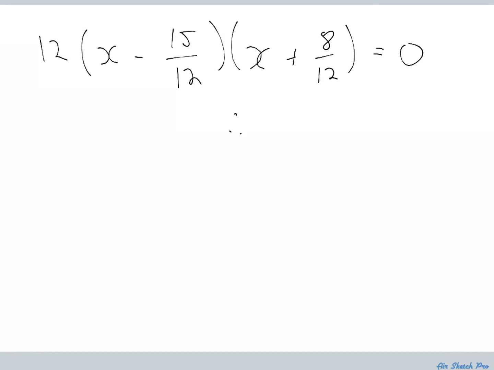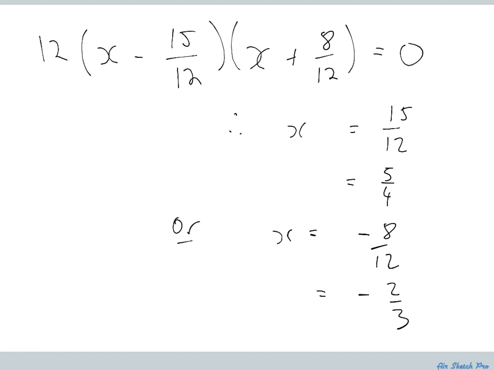So therefore x equals 15 over 12, which is equal to, what's that? 5 over 4, or 1 1/4. Or x equals negative 8/12, which equals negative 2/3. So 5/4 or negative 2/3.